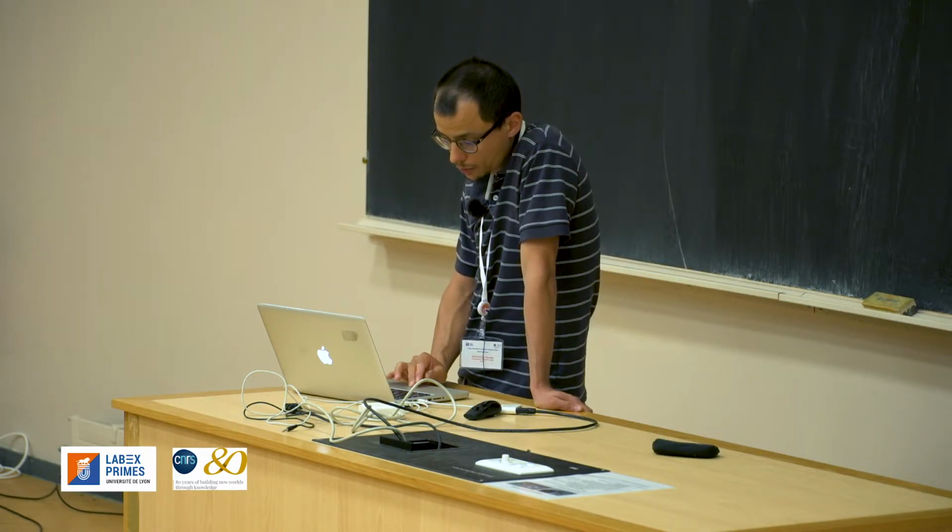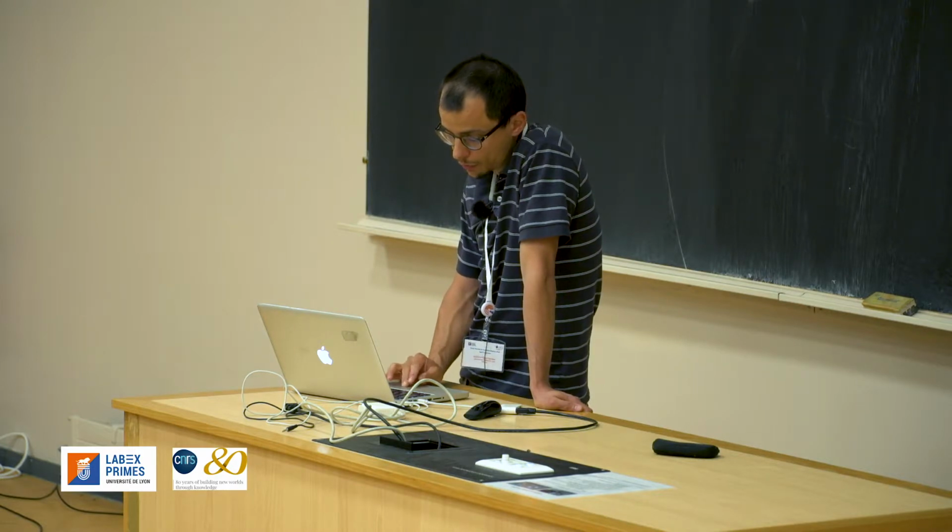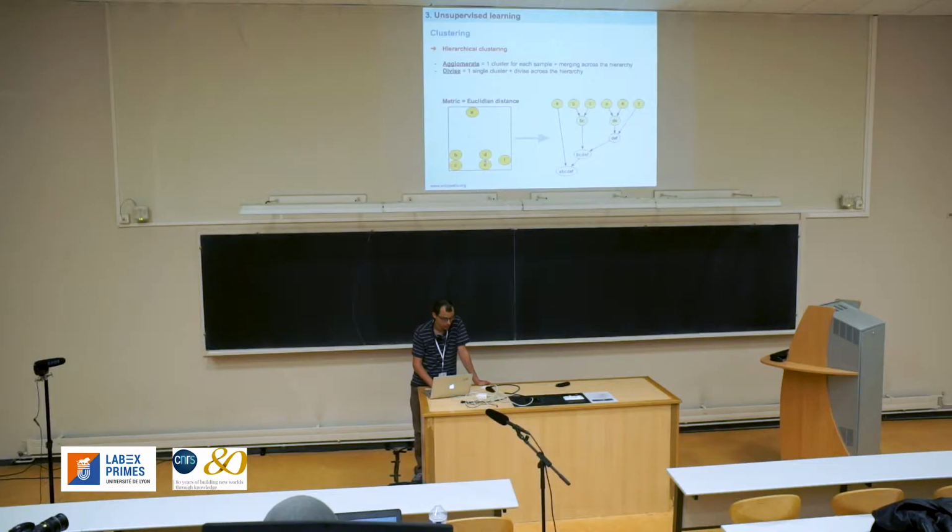So a simple example I took from Wikipedia. Imagine you have these 6 samples, A, B, C, D, E, F. You see that given the Euclidean distance between these different samples, A is very far from the others, B and C are a bit grouped, and D, E, F are kind of close.